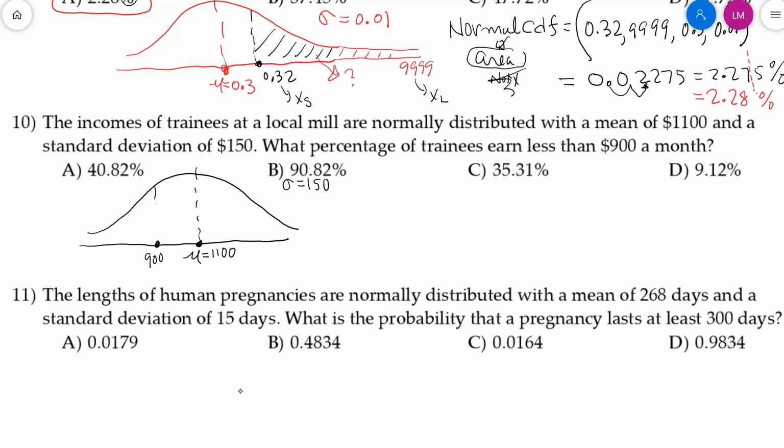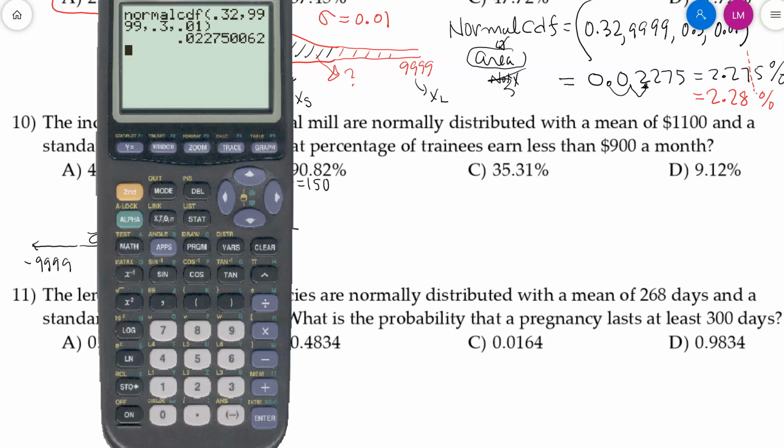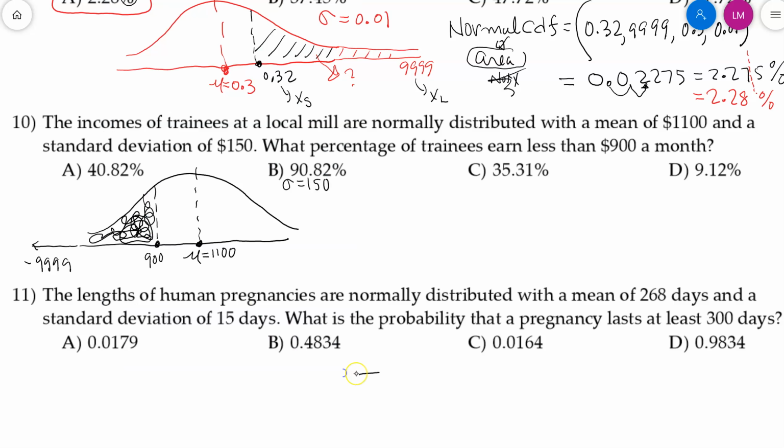So this is asking, what is this area? Again, all the way here, what number was it? Negative 9999. That's all you need to know. So take the calculator out.